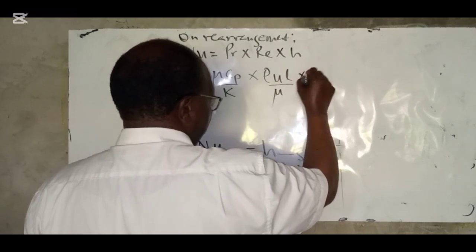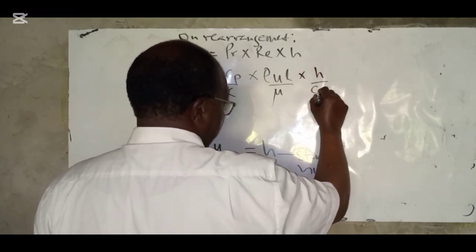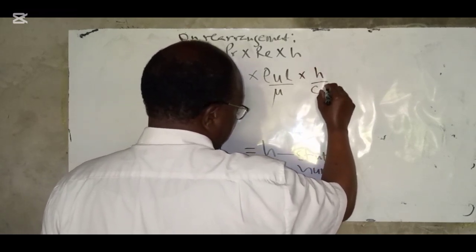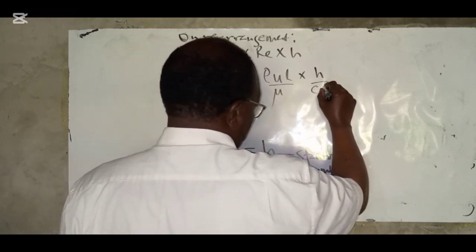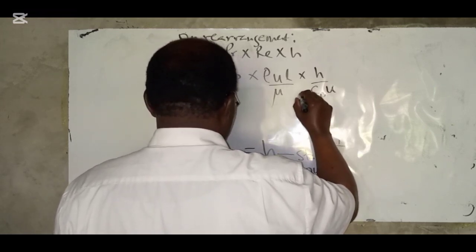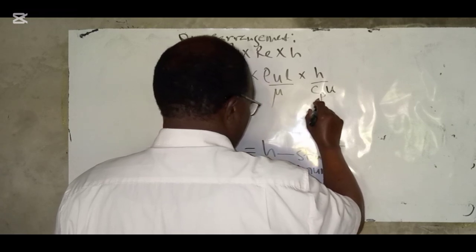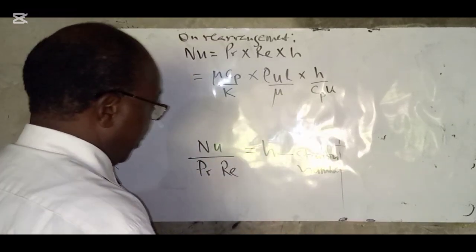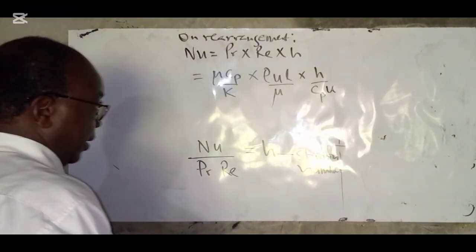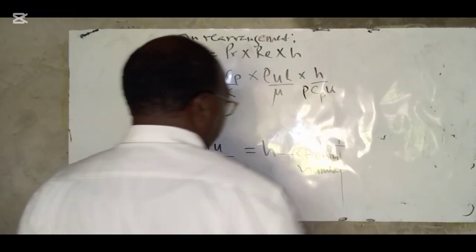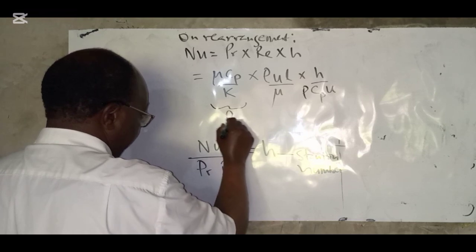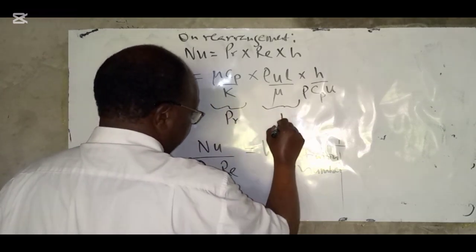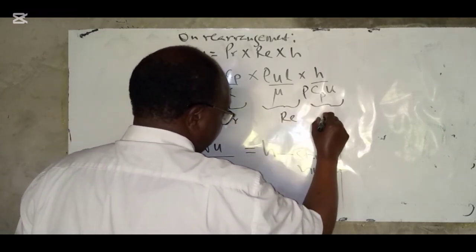And Stanton number, we know, is that quantity there. Prandtl's number, Reynolds number, Stanton number.